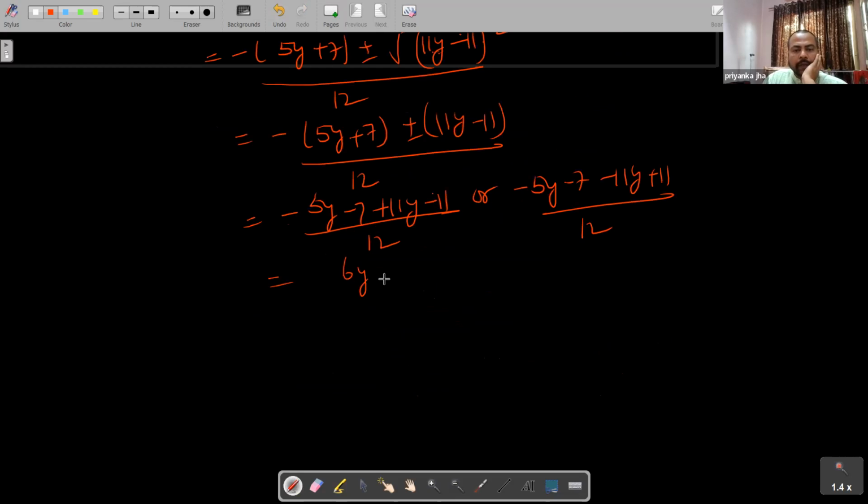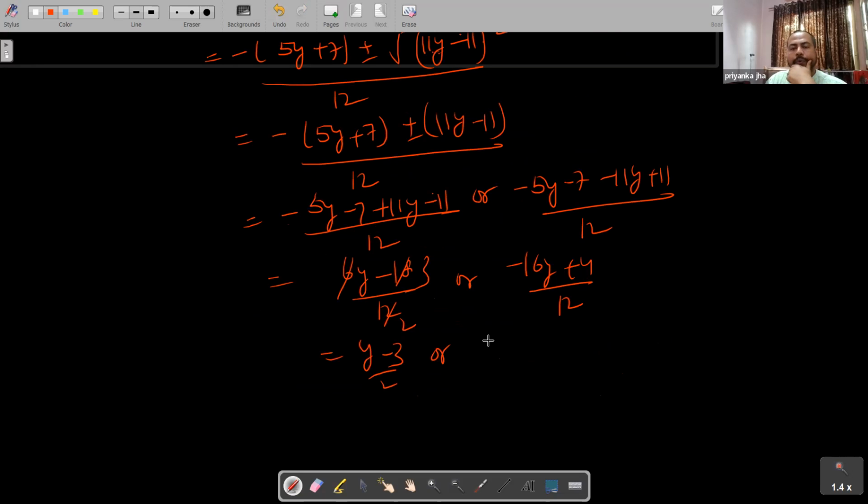This is (6y minus 18) upon 12 or (minus 16y plus 4) upon 12. 6 threes are 18, 6 twos are 12. So this is (y minus 3) by 2, or dividing by 4, this is (minus 4y plus 1) upon 3. So this is x. So x can be equal to this.